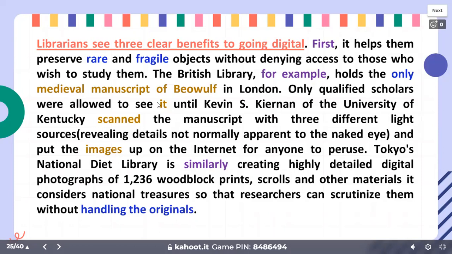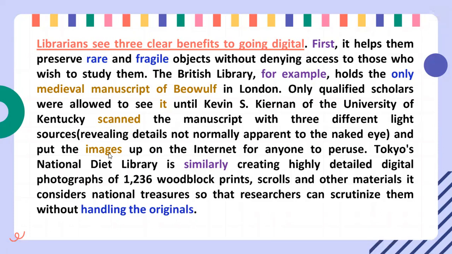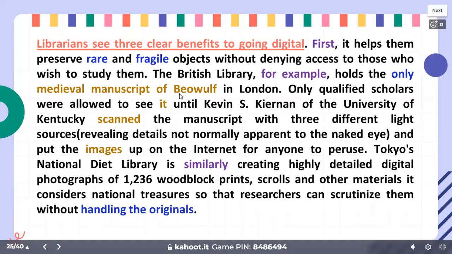Now, when you scan a book, it will turn from paper to image. It will become an image. Now, images here, what does it refer to? The scanned manuscript. Yes. The scanned manuscript of Beowulf.